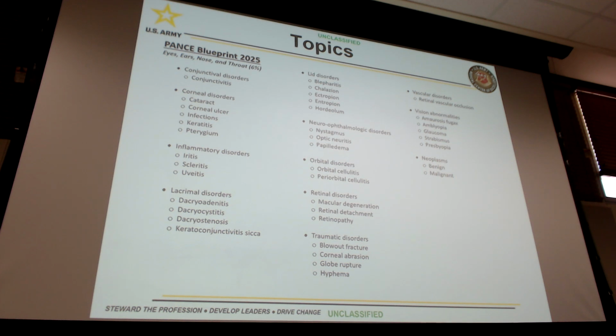All right. So this is the PANTS blueprint for your test. For the PANTS test that you guys have to take, this is what is all on there for eyeball-related disorders. Quite a bit, but we'll cover all of it. Some a little bit more in depth, and some things like conjunctivitis have multiple subsets.